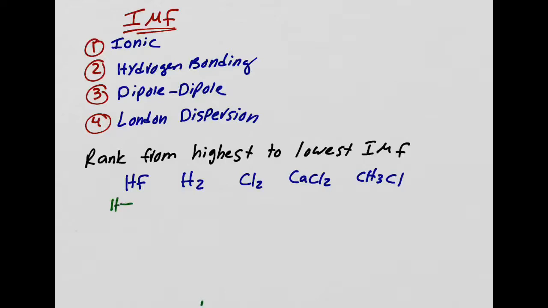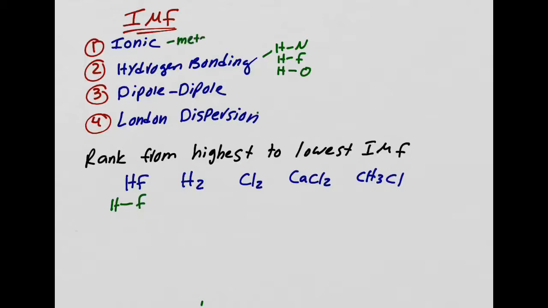I have HF. Now, it's not ionic. Is it hydrogen bond? Go one by one. Not ionic. Is it hydrogen bonding? Yeah, it's hydrogen bonding. Why? Because remember we talked about hydrogen bonding being HN, HF, and HO. Okay. Now remember what ionic is?